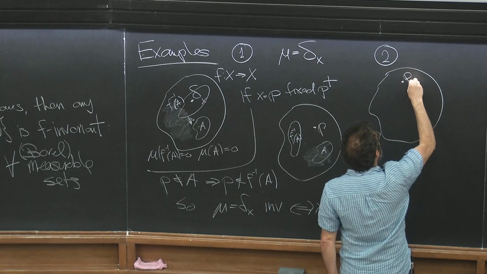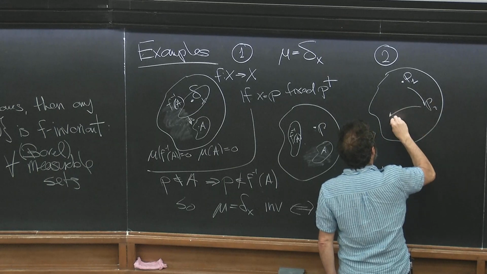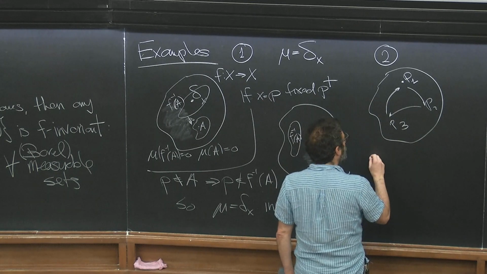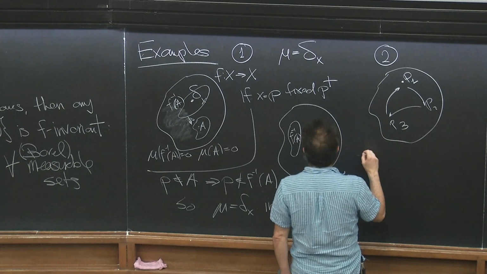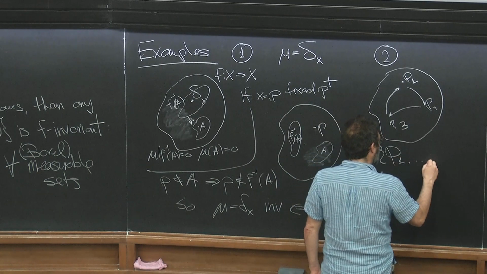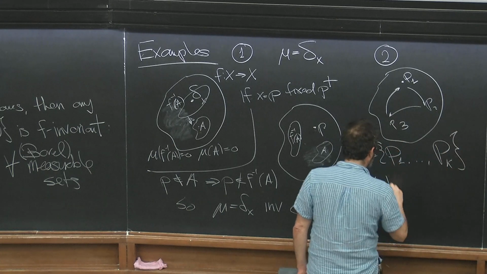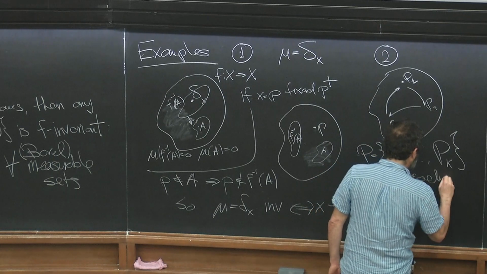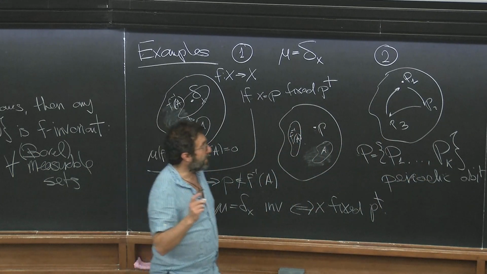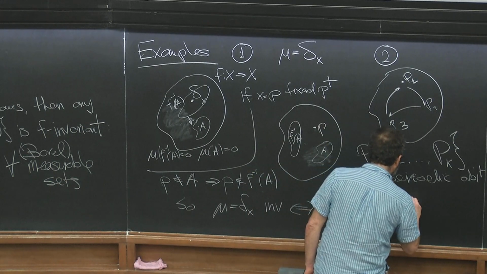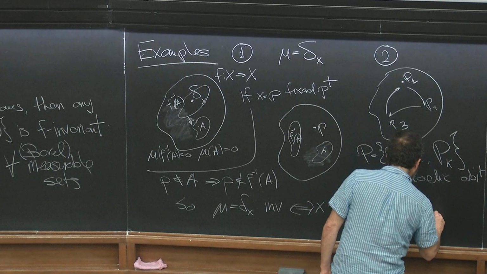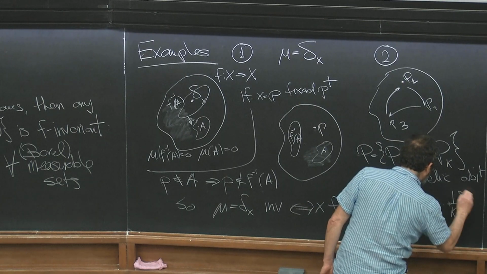If you have a periodic orbit P1, P2, P3, so if you have P equal to P1 up to Pk, a periodic orbit with minimal period k, then you can define a measure mu which gives exactly 1 over k delta P1 plus up to 1 over k delta Pk.